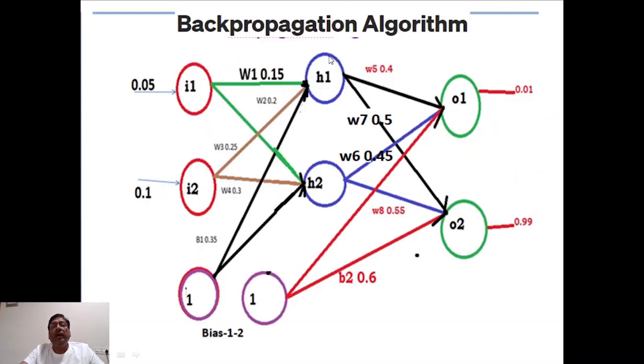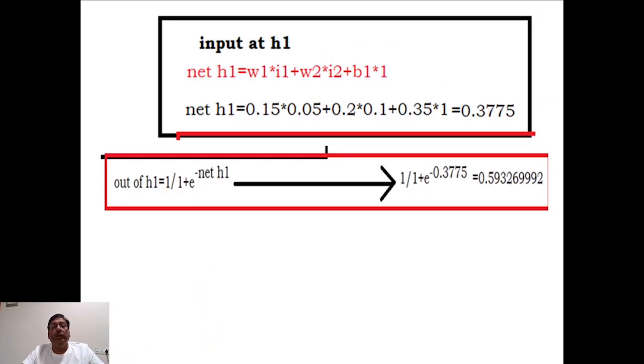Now at H1, I'll make use of an activation function called the sigmoid function, and then I'll generate the output of H1. This output of H1, I'm going to process with the help of weights over here, and that becomes the input for O1 and so on. So what is the output of H1 after you apply the sigmoid function? The sigmoid function is 1 upon 1 plus e to the power minus x, where x is nothing but the input that you are receiving.